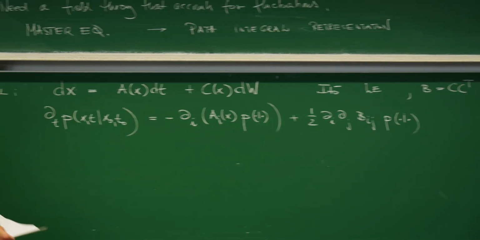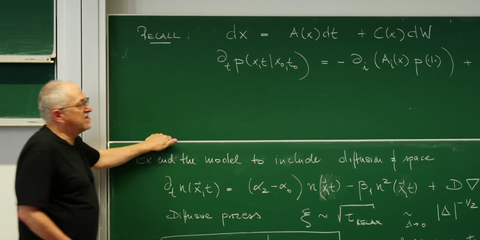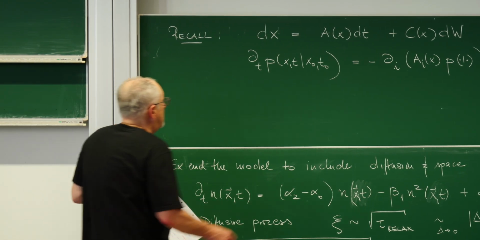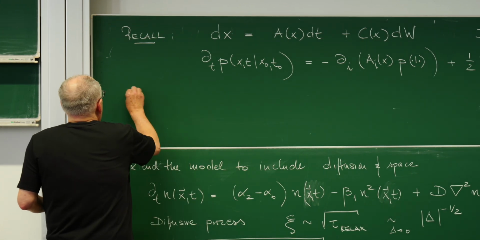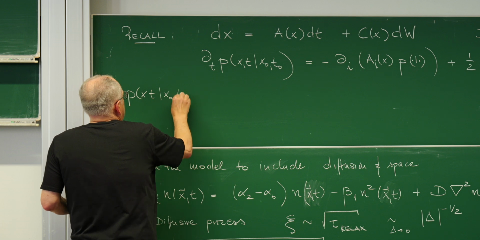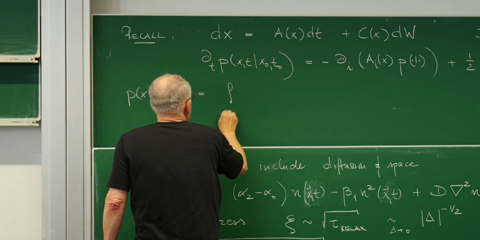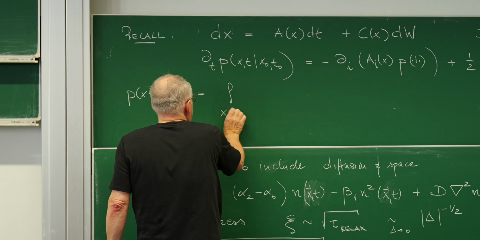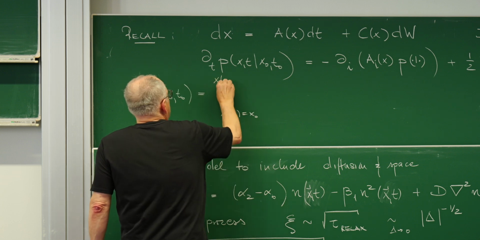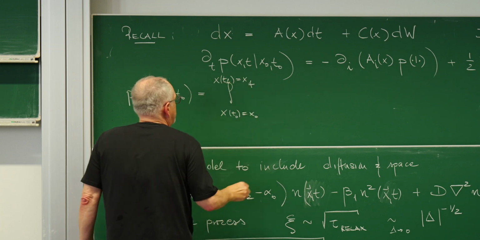And for that class of models, so for these Langevin equations or Fokker-Planck equations, we have seen that there is a path integral representation of the following form. You consider a path from x naught to x final.